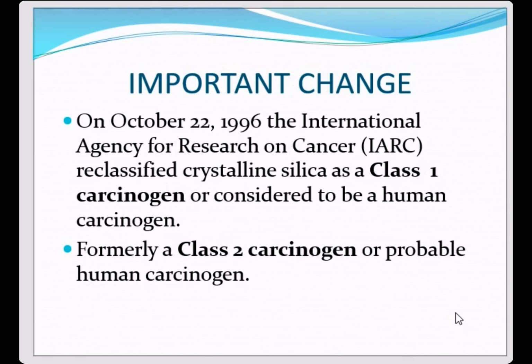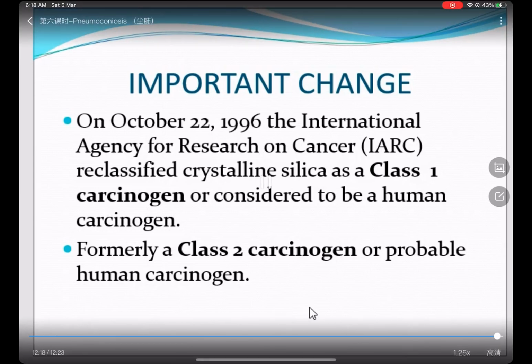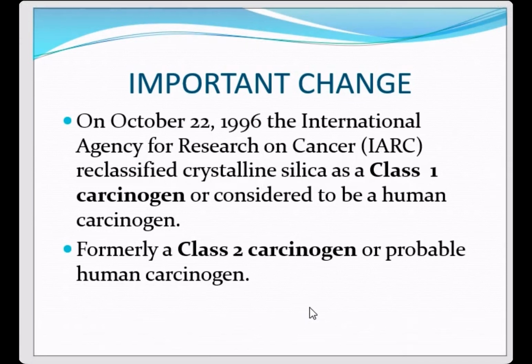And there is an important change: the International Agency for Research on Cancer reclassified crystalline silica as a class 1 carcinogen. For a class 1 carcinogen, we have to be very careful in taking preventive measures for workers in a working place where they can be exposed to different particles.